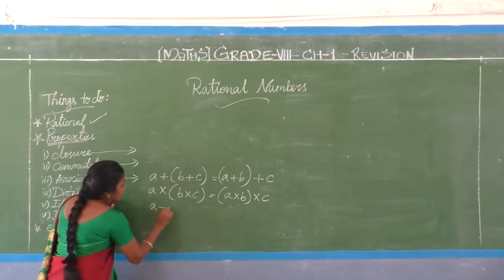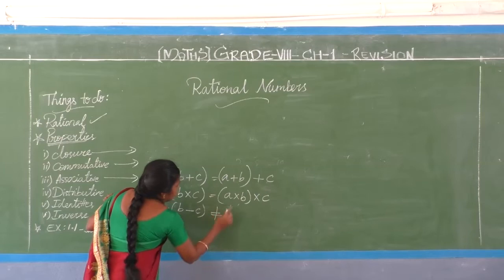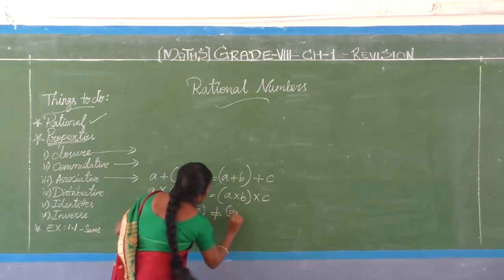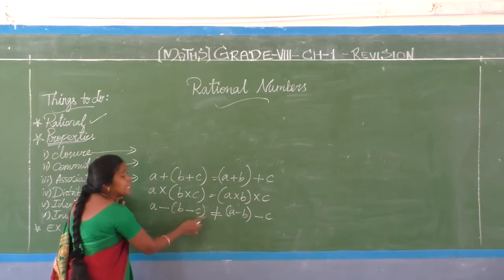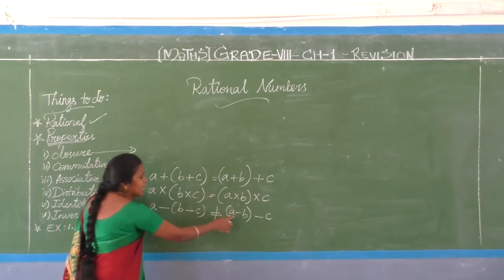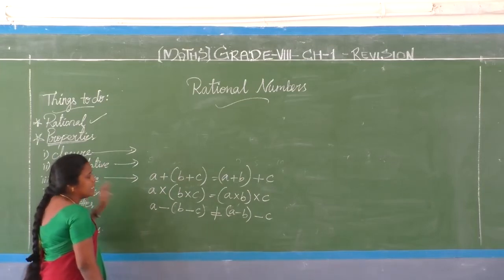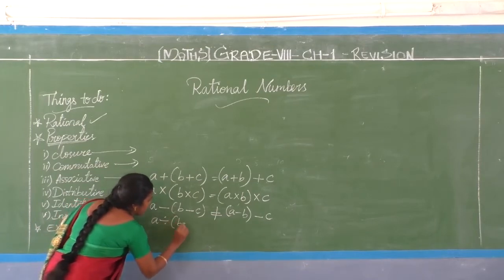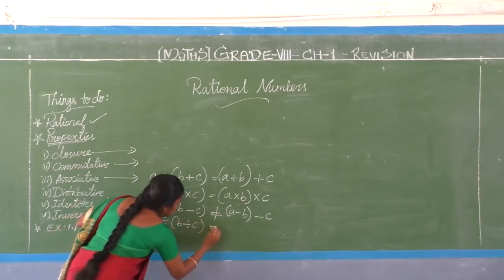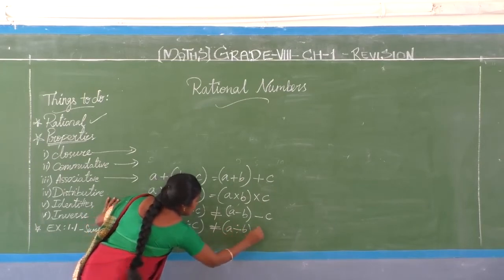Subtraction is (a minus b) minus c. See, (a minus b) minus c is not equal to a minus (b minus c). Already proved in the commutative section itself. Clear? The same way here also. (a divided by b) divided by c is not equal to a divided by (b divided by c).